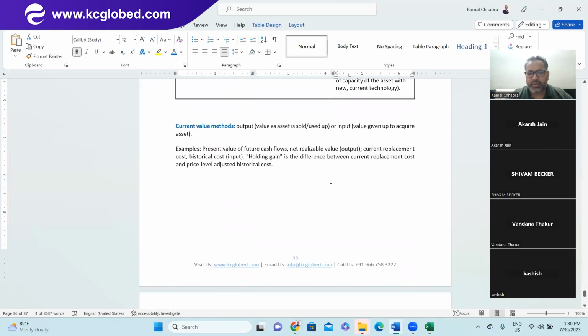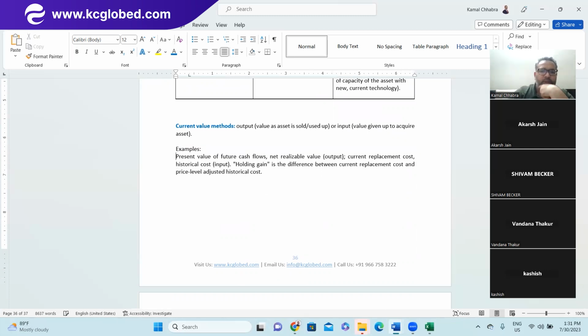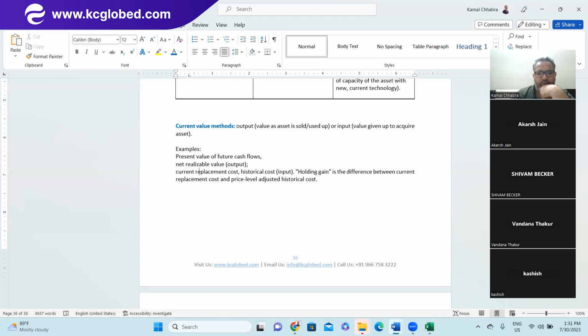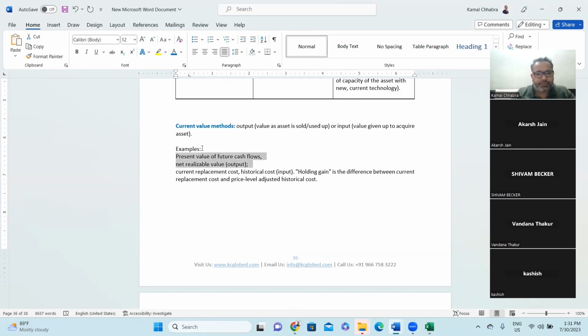For example, present value of the future cash flow, net realizable value, or current replacement cost.